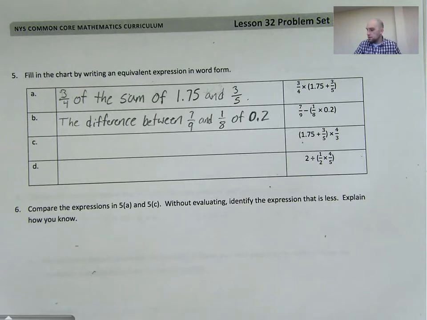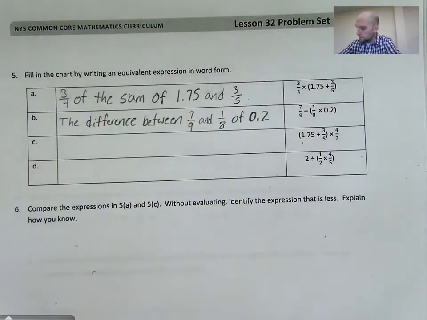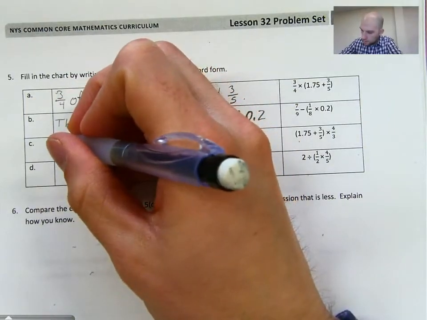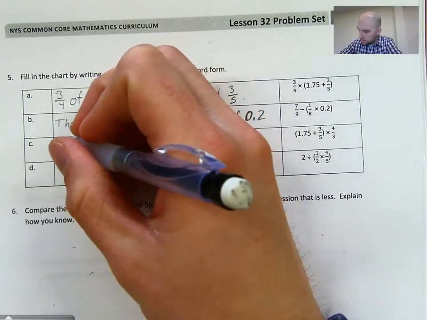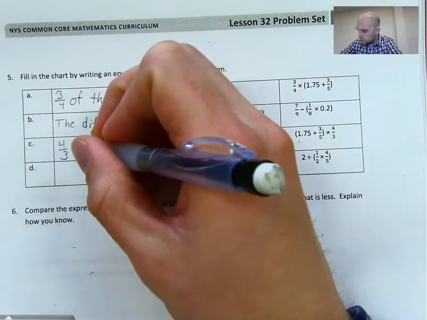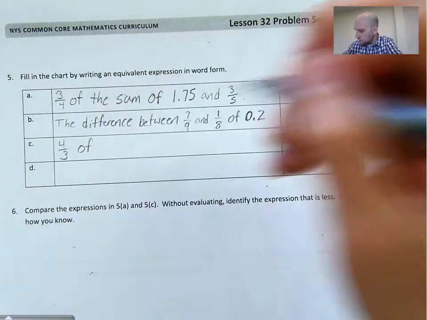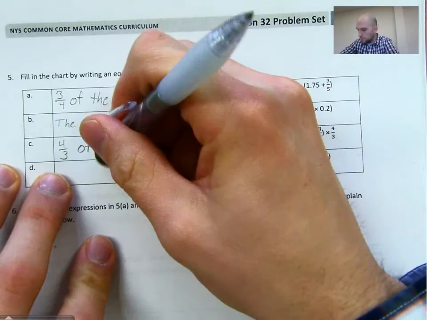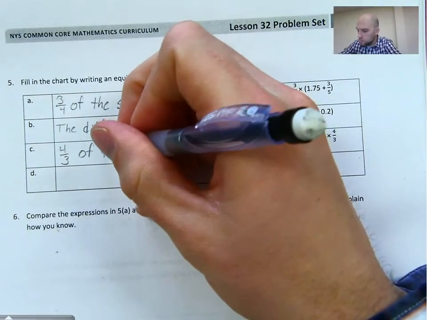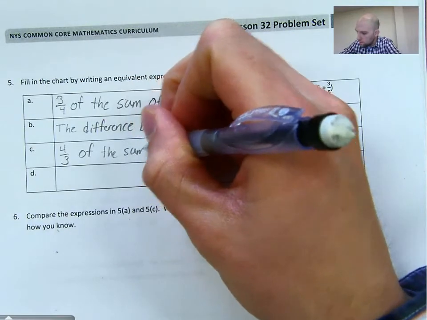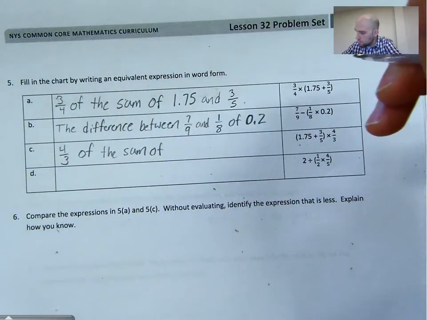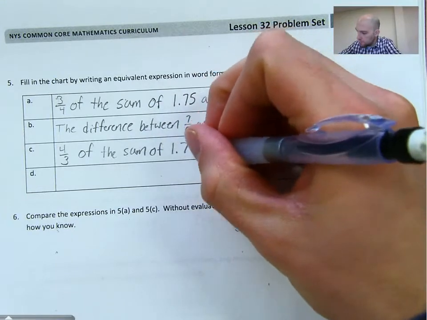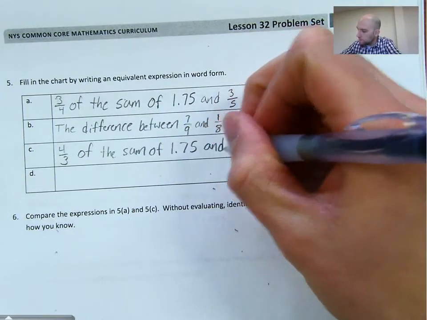Letter C, it says 1.75 plus 3/5 times 4/3. So I'm going to say 4/3 of the sum of 1.75 and 3/5.